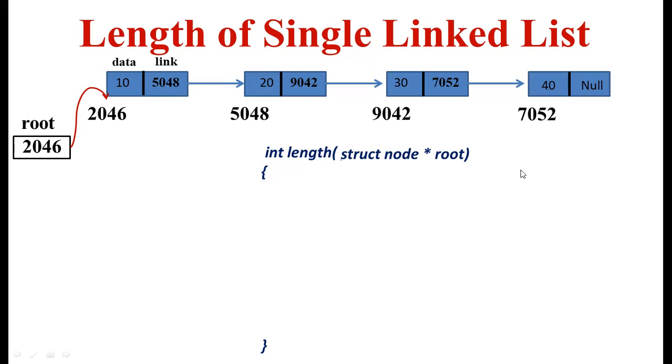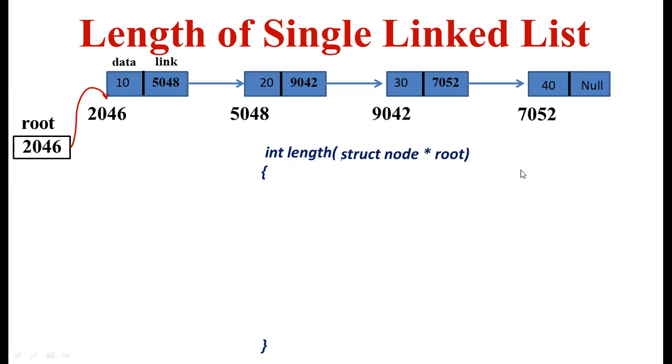We can give any name. Since root is the global variable, it is available throughout the application, whereas this is the optional case, and if you want to write it, then you can.